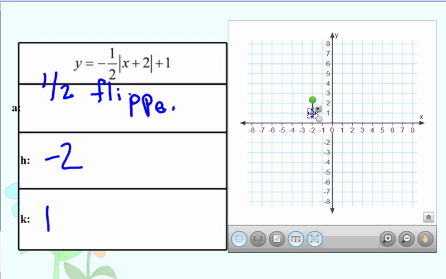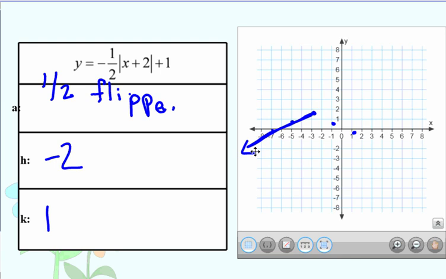So we go down 1 and over 2 in either direction. And we'll have our graph, if my graph were staying where it's supposed to.